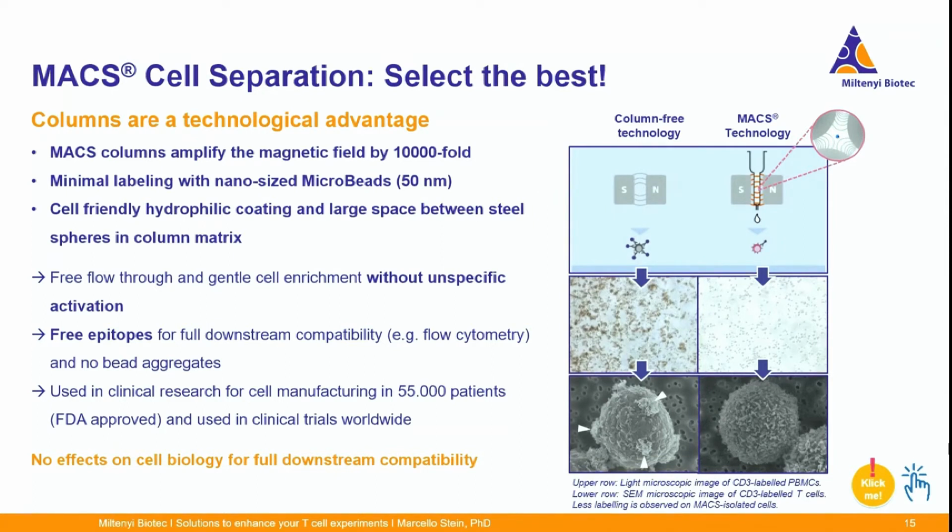Have a look at the data on the right side with the CD3 labeled T-cells. Column-free technology results in bead aggregates in culture as well as in a clogged cell surface. With MACS column technology, you see no bead aggregates in culture and minimal labeling of fully functional cells.